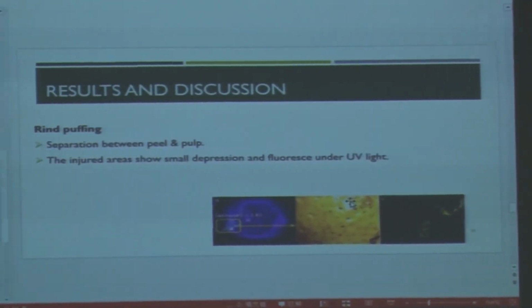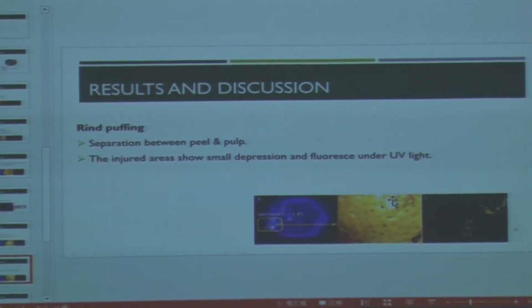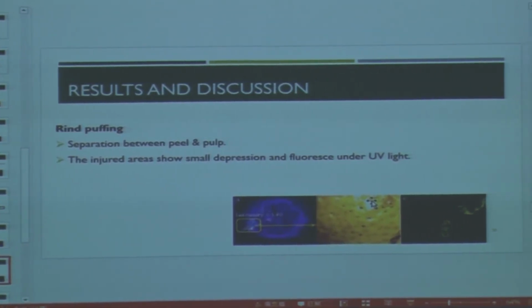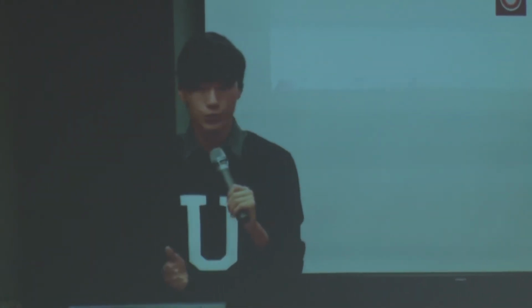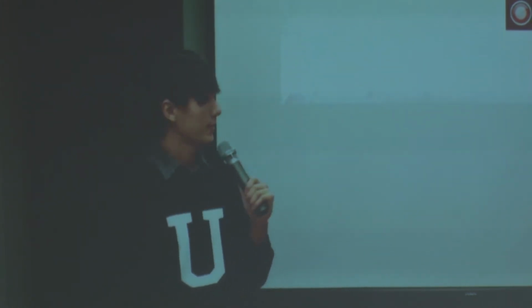And as you can see from the ring puffing, with the color image and the fluorescence image, it would be a wide range of fluorescence. So I think that is the way to identify the different defects. Yes. Thank you very much.